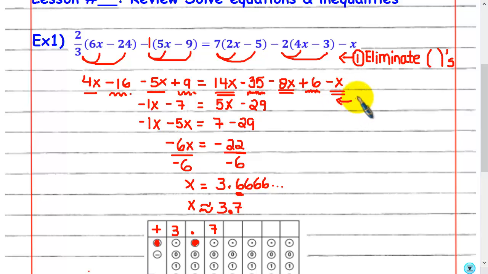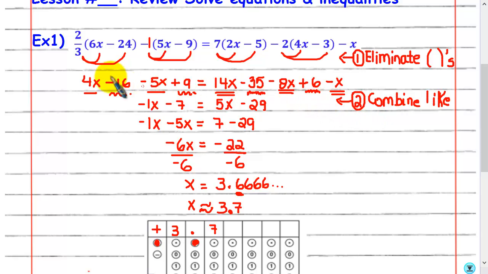step number 2, which was to combine like terms. Now remember, like terms are, for example, numbers that have x are like terms. Numbers that don't have x are like terms.